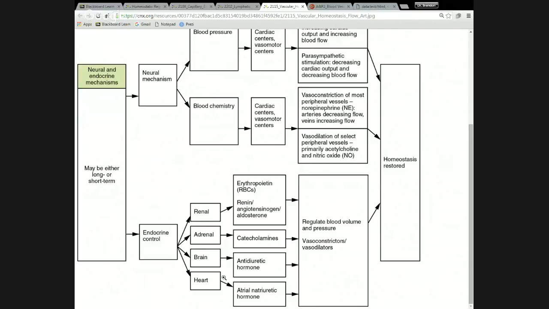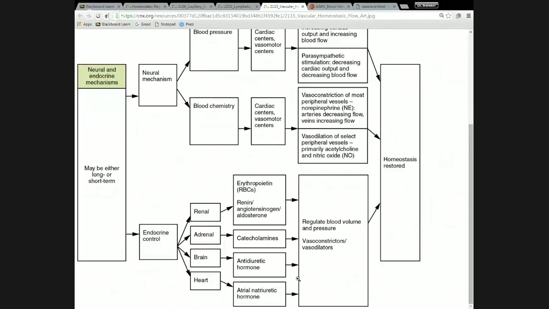We'll also, at that point, consider how the heart regulates things through what are called atrial natriuretic peptide here. Hormone here. It is a peptide hormone. Atrial is referring to the atrial wall of the heart. There's actually two hormones.